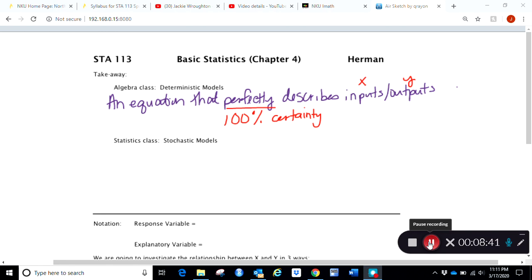However, that's no longer the case when we talk about a statistics class. In statistics class, we have what are called stochastic models. And what that means for us now is that our equation has some inherent randomness.